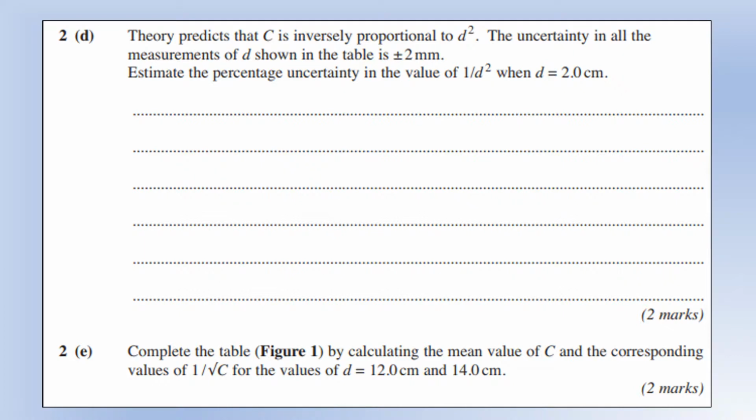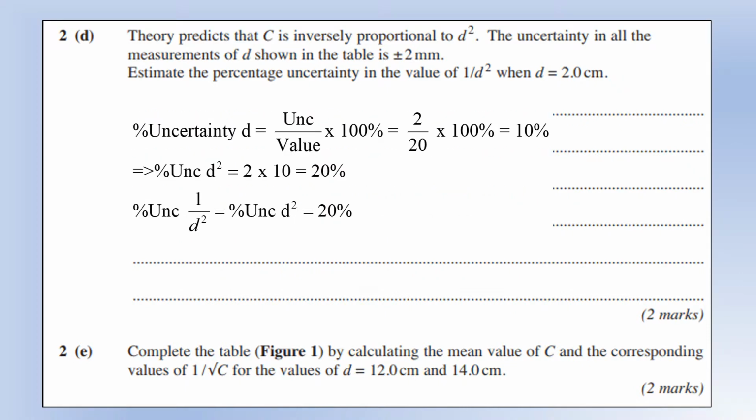So theory predicts that C is inversely proportional to D squared, and the uncertainty in all the measurements of D shown in the table is 2 millimeters plus or minus. Estimate the percentage uncertainty in the value of 1 over D squared when D equals 2 centimeters. So first, let's get the percentage uncertainty in D. We're going to take the uncertainty divided by the value.